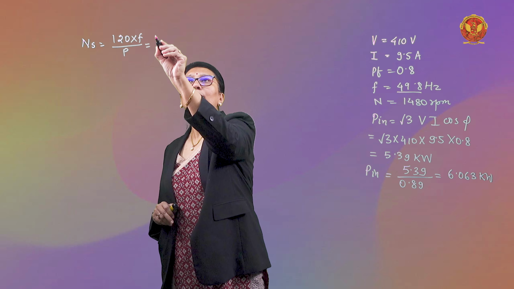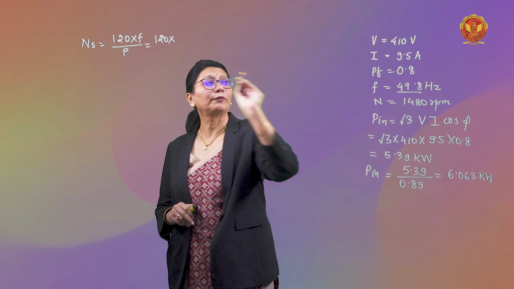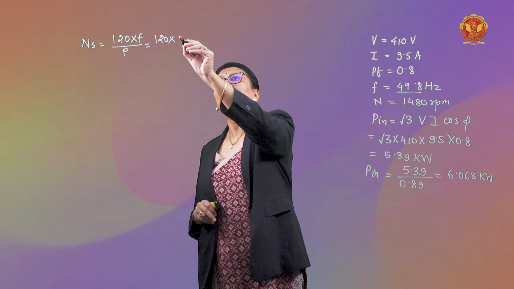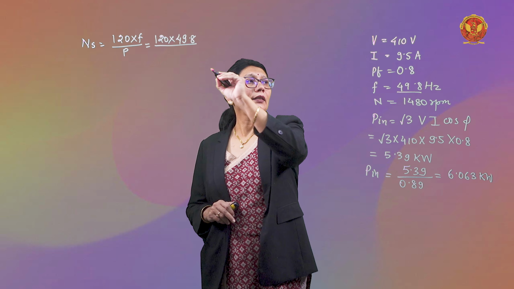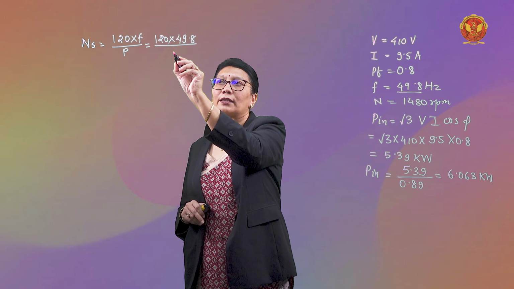जब हमने इसमें values रखी, we have to put the values of the operated, calculated, observed values, and number of poles is assumed as 4.